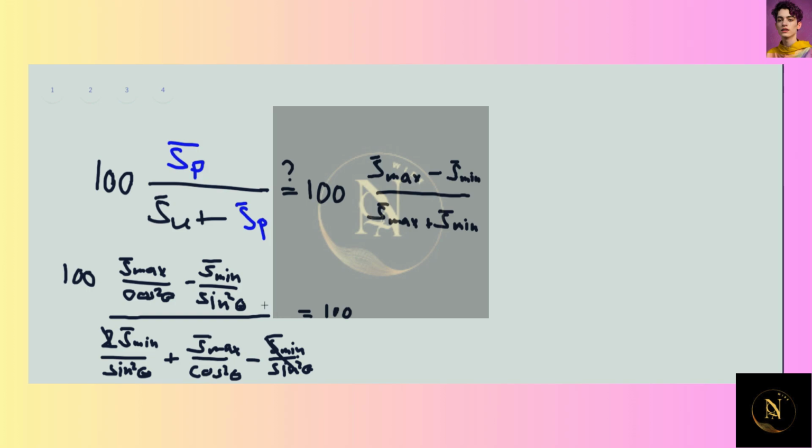So the next thing we do is we factorize 1 over sine squared theta from the numerator.